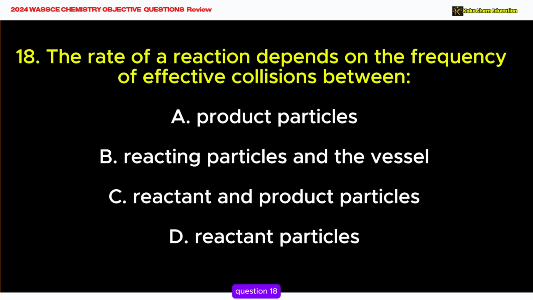Question 18. The rate of a reaction depends on the frequency of effective collisions between A. Product particles, B. Reactant particles and the vessel, C. Reactant and product particles, D. Reactant particles.